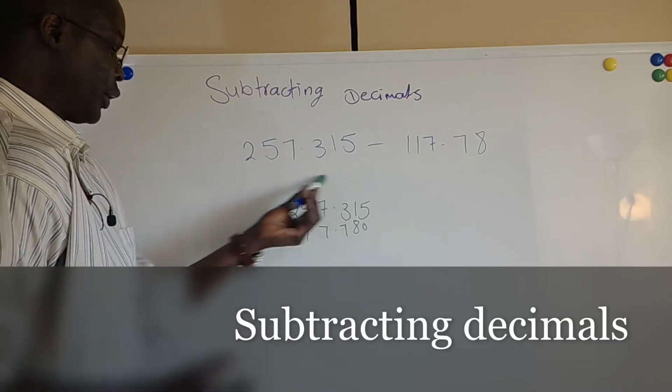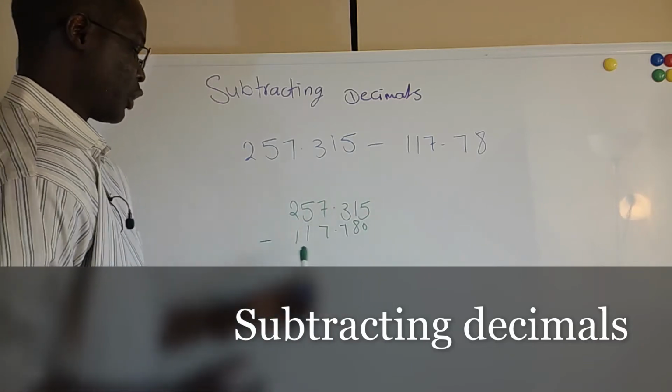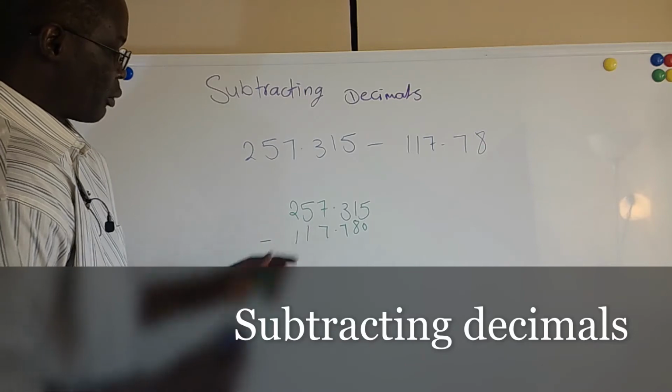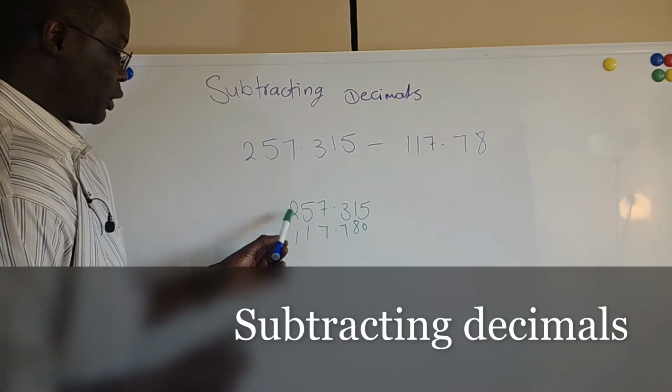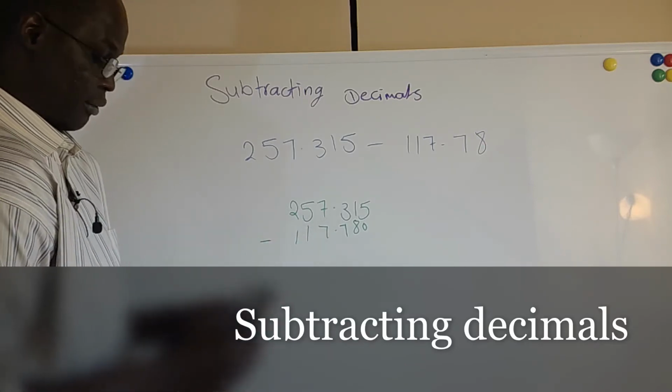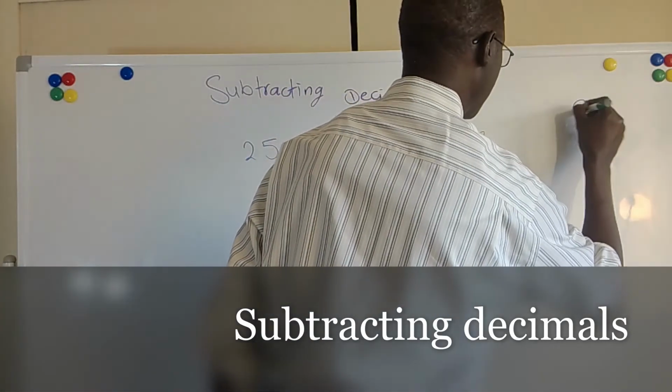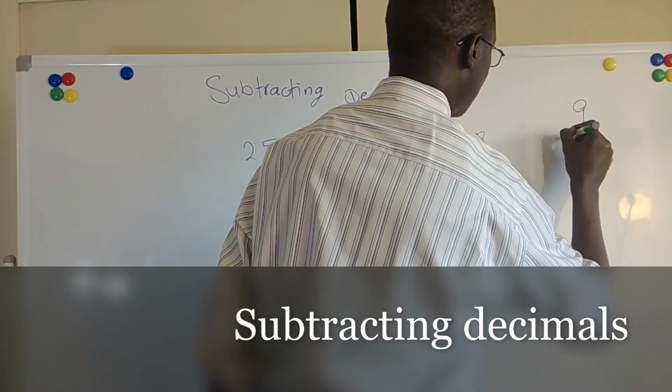As you can see here, the end result should be positive. Why? Because the positive number is greater than the negative. Let's say you have 9 minus 6.